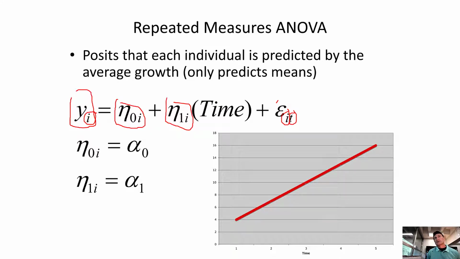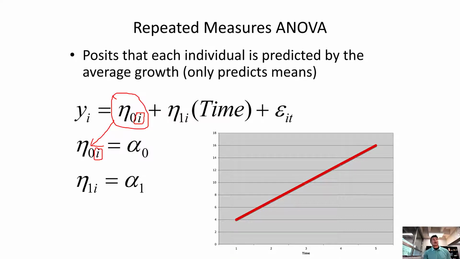However, when we start to break this down a little bit more, when we look at the intercept, so if we take this here and break it down for repeated measures ANOVA, they're going to get their own individual intercept. So that I stands for an individual. They get their own individual intercept, which equals the average intercept for everybody. So it was kind of a trick.